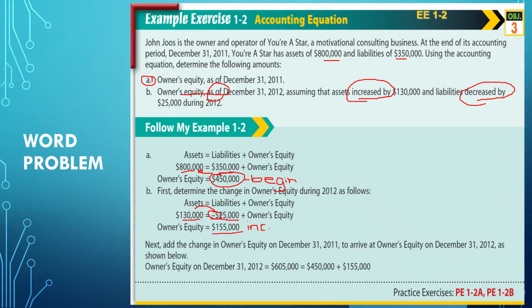That's your beginning balance. Now, during 2012, you have an increase of 155. So, beginning of 450 plus the increase of 155 equals a total ending of 605. So the correct answer for letter B is $605,000.